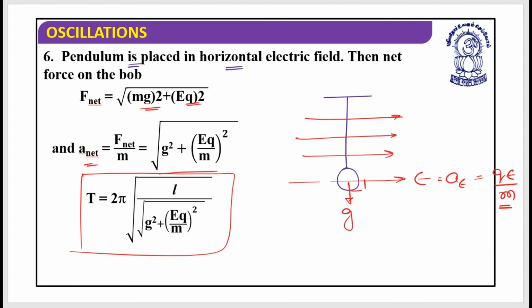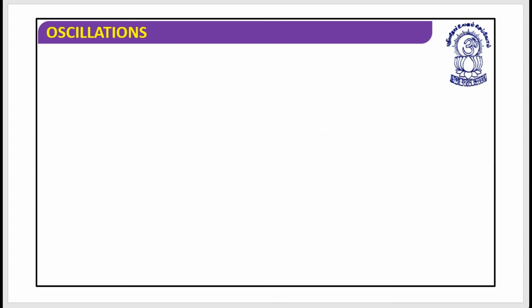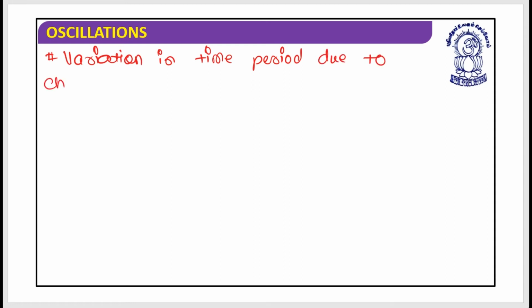But these are not the only cases in which the time period changes. Let's take the different variations in time period due to change in g, the gravitational acceleration.